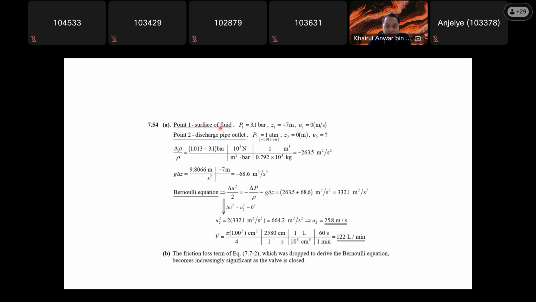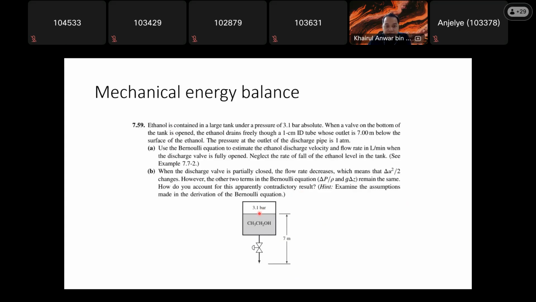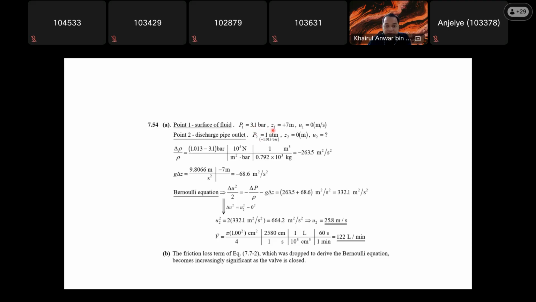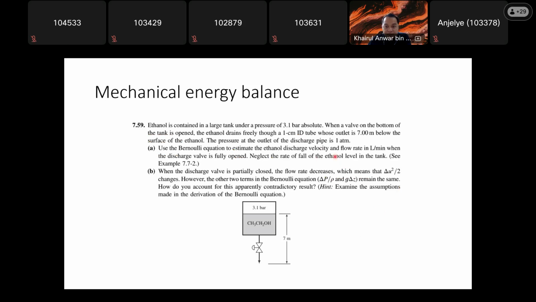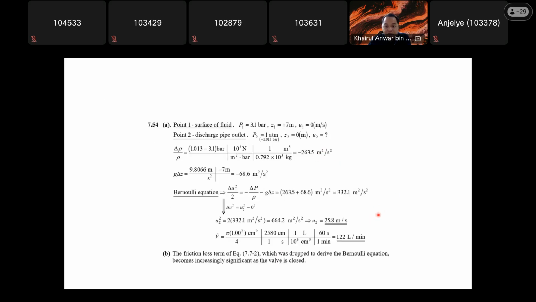So point one, the surface of the fluid here: it's 3.1 bar, Z is 7 meters, and u kinetic is 0 meter per second. Point two, the discharge pipe outlet here: P2 is 1 bar, Z is 0, u is unknown.